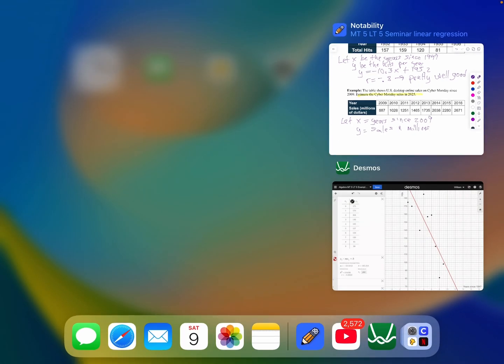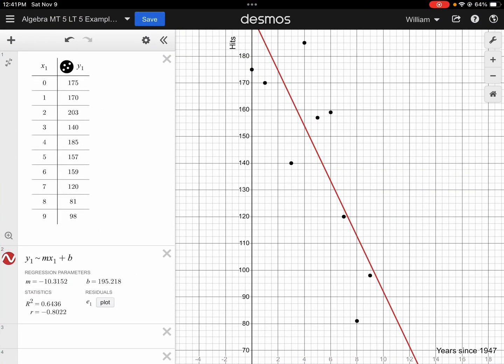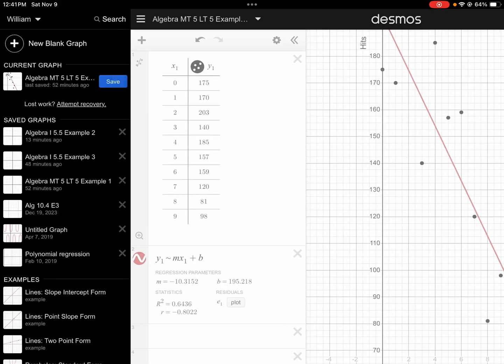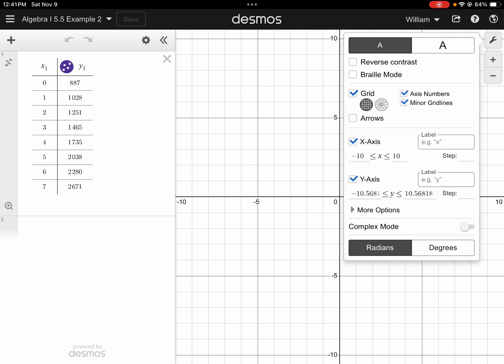So you can go to Google Classroom again, and I already loaded your table for you, so you don't have to type the table in, but you can just type it in just as well. And this time I think I'm going to start by adjusting my table right away. So I'm going to start at -10 again, and I'm going to go to +10, maybe a little bit further.